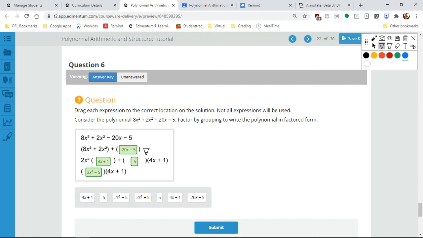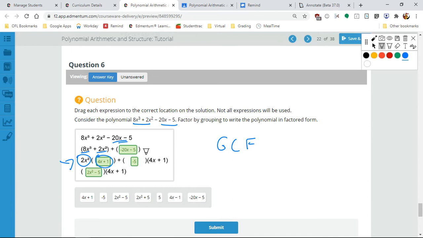What they do is they break them up, the first two and the last two, and then we're going to take out the GCF. The GCF was 2x squared, so that's what they're doing here. So then we're going to divide this by 2x squared, divide this by 2x squared, and we're going to get this.